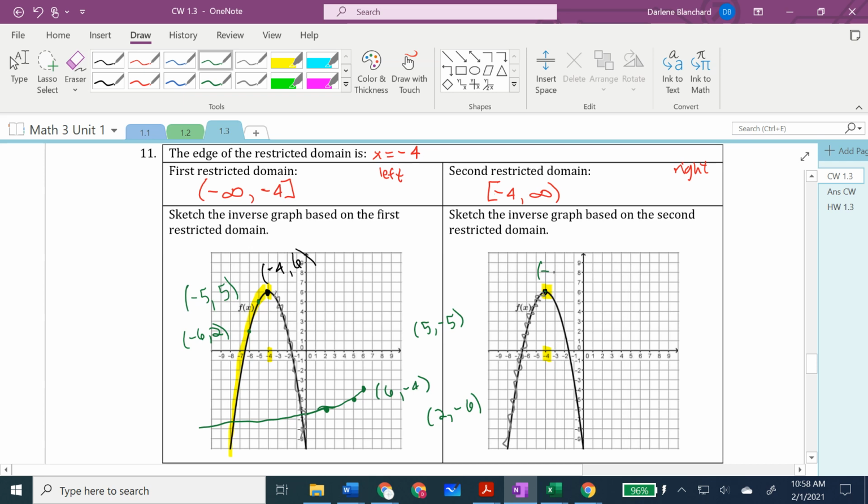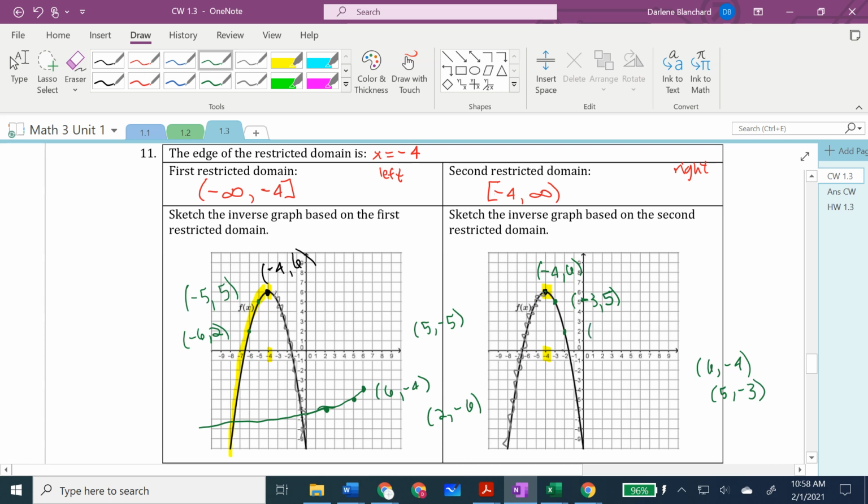Vertex is -4, 6. I'm going to be plotting a 6, -4 vertex. I see that one of the points on the right half is x-coordinate -3, y-coordinate 5. I'm going to need to plot the point 5, -3.